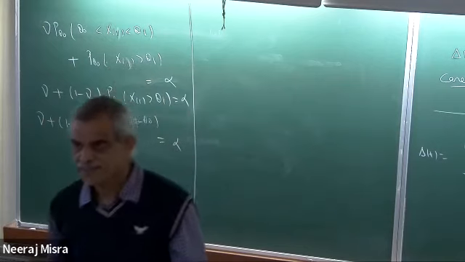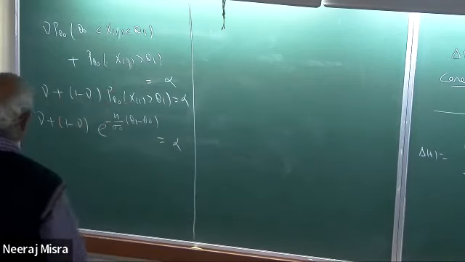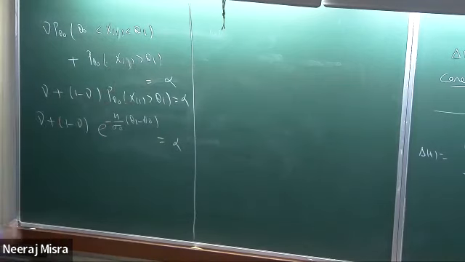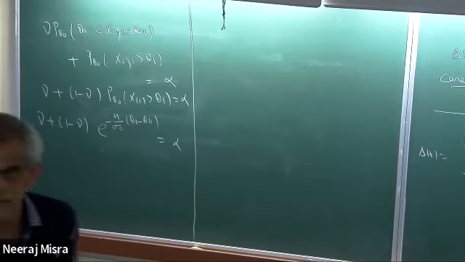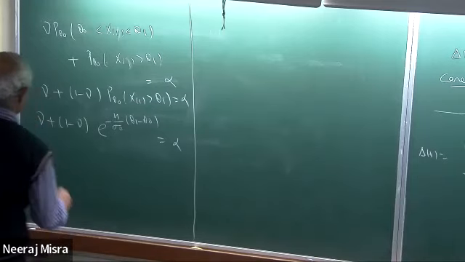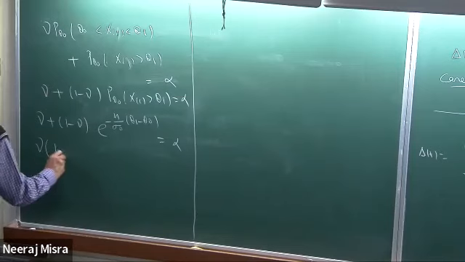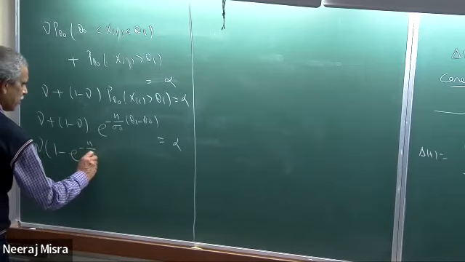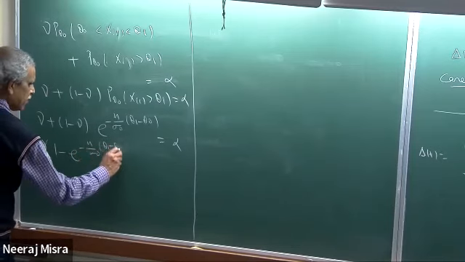So you can get gamma now. Basically what you get is gamma times 1 minus e to the power minus n by sigma naught, theta 1 minus theta naught.